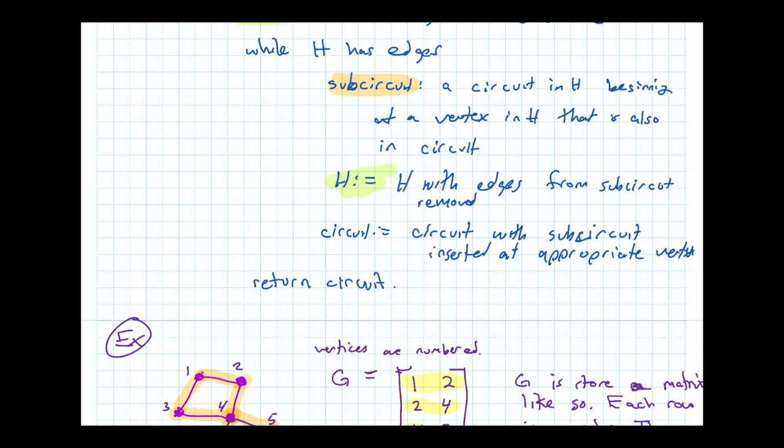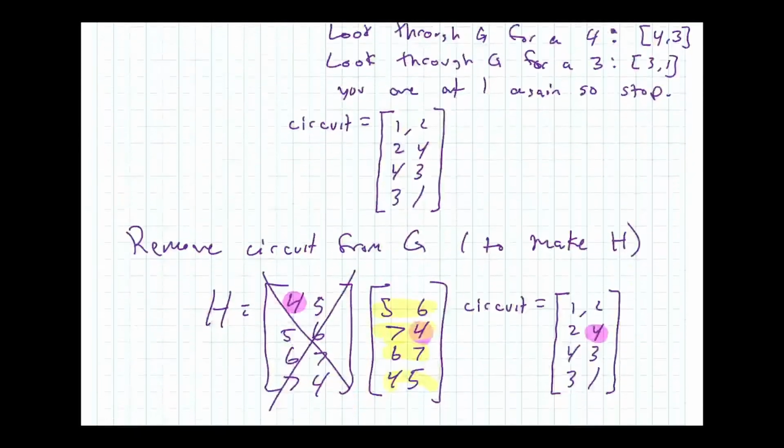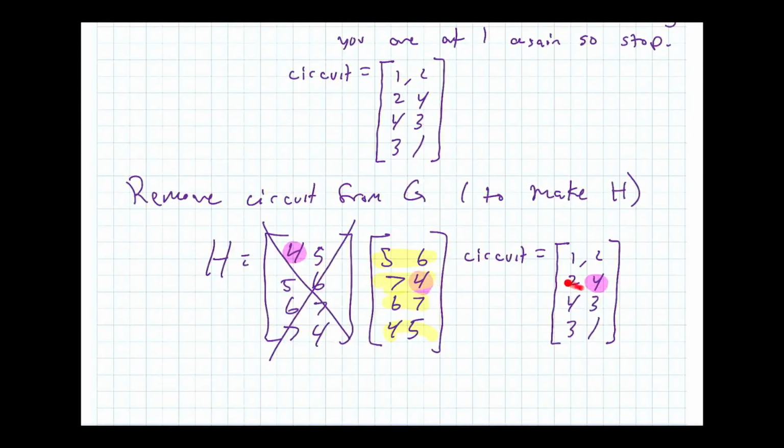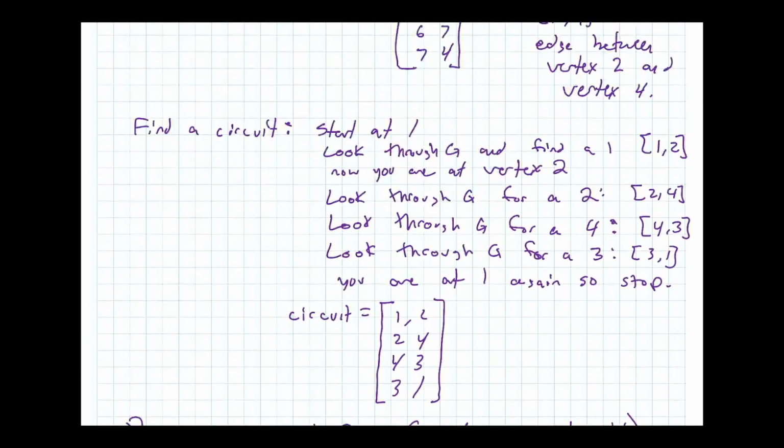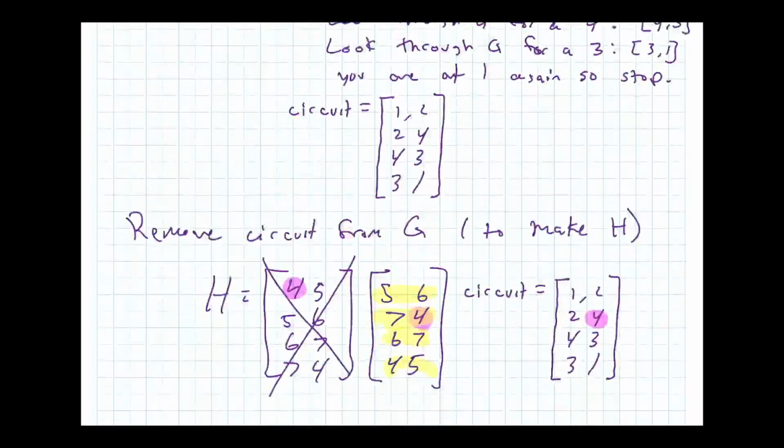So then what else do you need to do? Well, one thing that you also need to do is, it says subcircuit a circuit in H beginning at a vertex in H that is also in circuit. Where did we get that vertex, right? Like, how did we know that it was vertex 4 here that they had in common? So we actually had to, where did I do that?